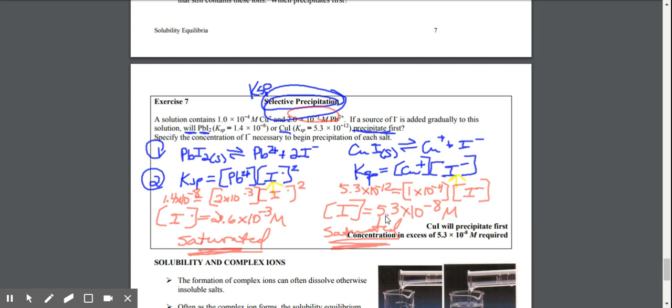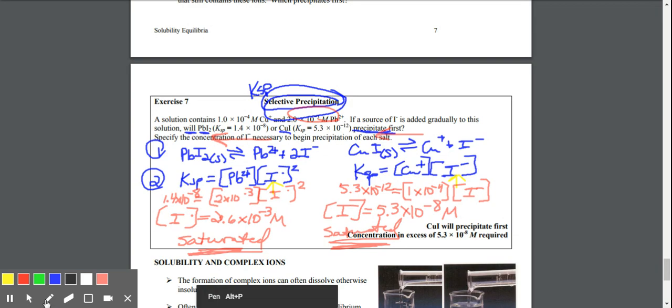If I put a pinch more than 5.3 times 10 to the negative 8th, then this stuff will precipitate because it's going to be supersaturated. If I put a pinch more than 2.6 times 10 to the negative 3rd in here, then a precipitate will form, which will cause a supersaturated solution, which of course makes the precipitate form.